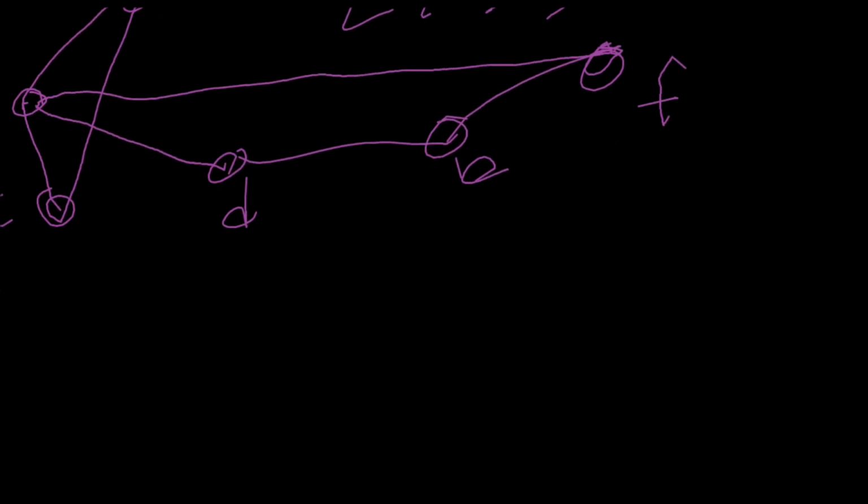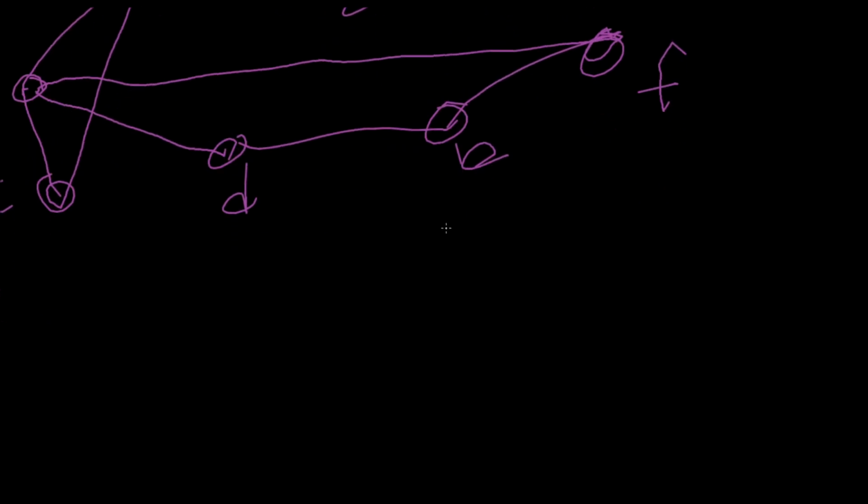Let's move on to a definition. We say that the valence of a vertex, denoted as delta of said vertex, is equal to how many edges it is connected to.